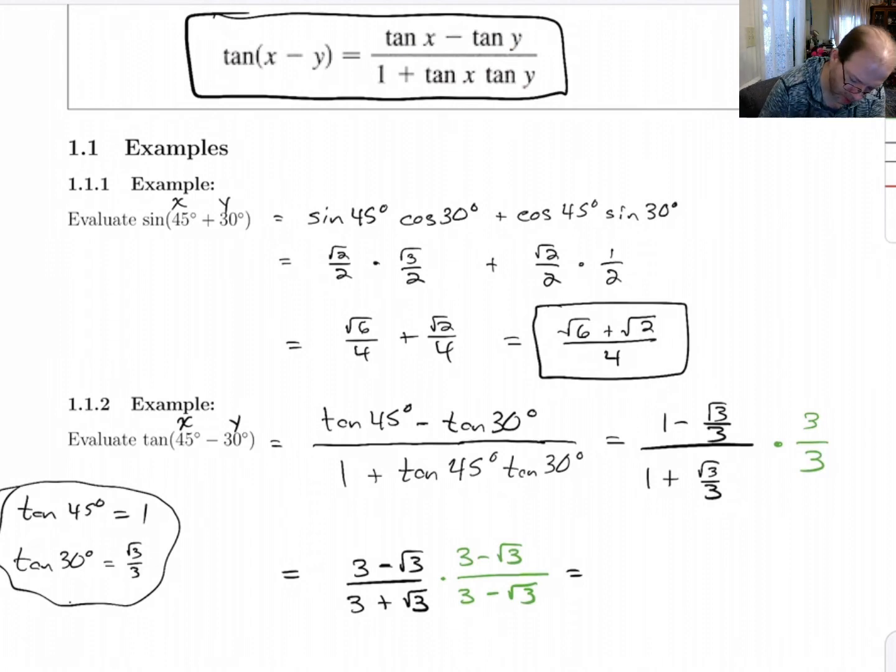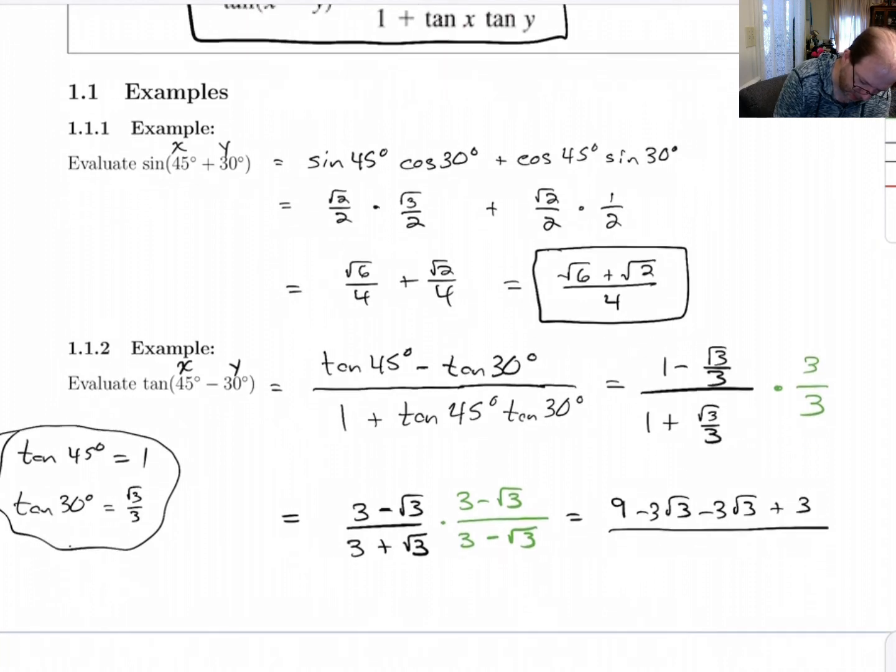Now you could have combined both of these into one step, but I think it's better to do it like this. All right, so when you multiply the top out, you notice we got the same thing here and here. So we're squaring this. So we get 3 times 3 is 9, minus 3 root 3, minus 3 root 3, then minus and minus gives you a plus 3.